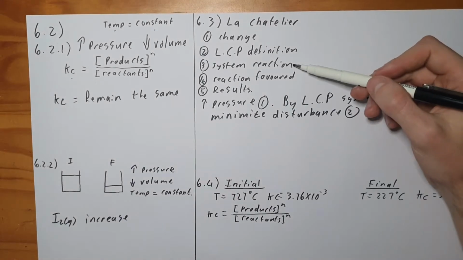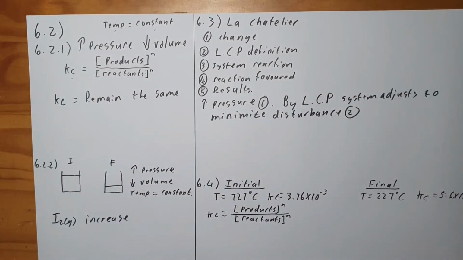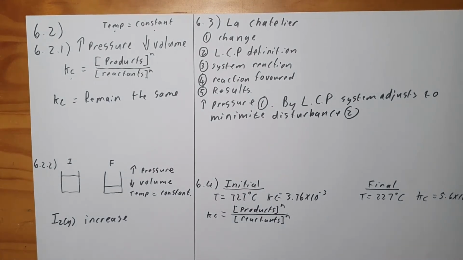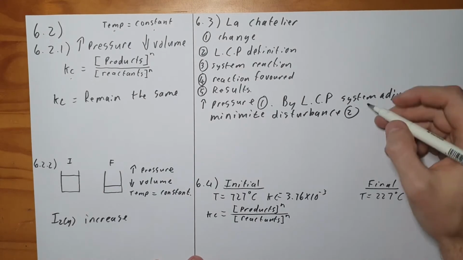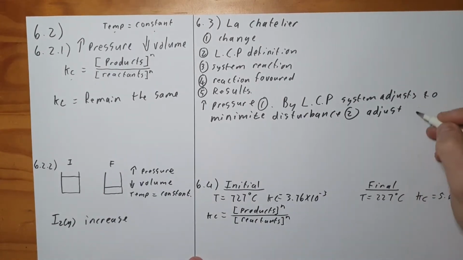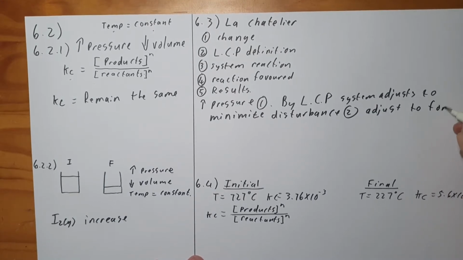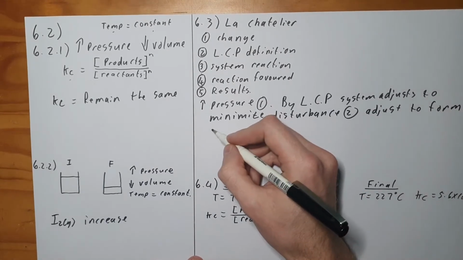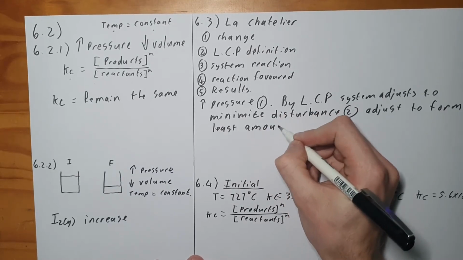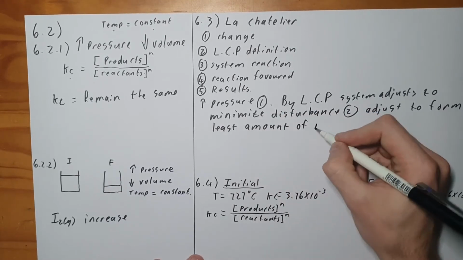So then what do we look at next? We look at how the system reacts. The system will favor the reaction that produces the smallest amount of molecules. So it will adjust to form the least amount of molecules.